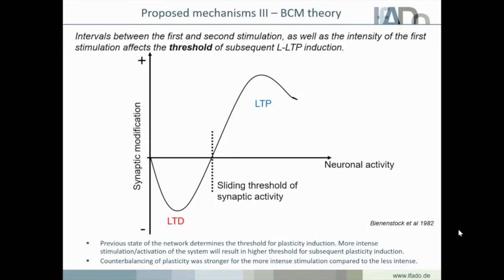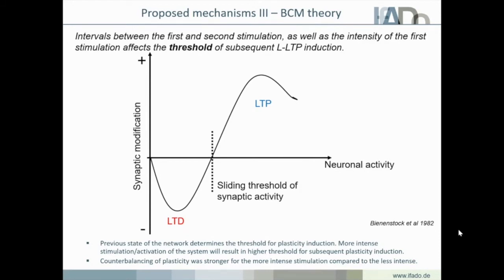So for the standard protocol, which is 1 milliampere 15 minutes, we were able to induce early phase plasticity, but the intensity was not too much for the network, so the threshold was still low.